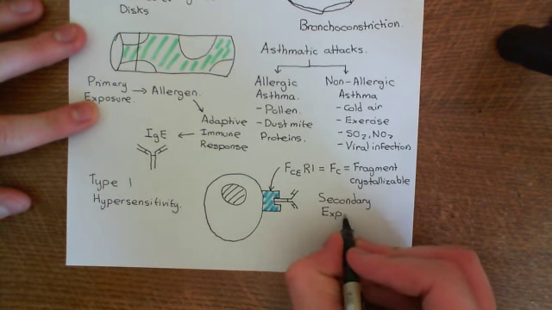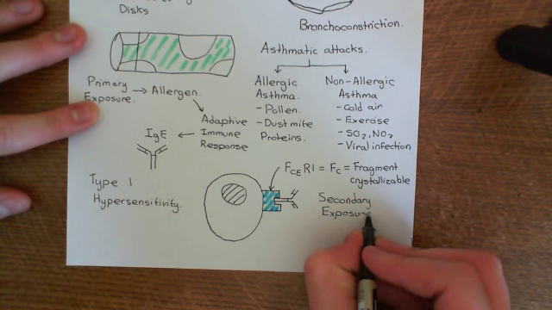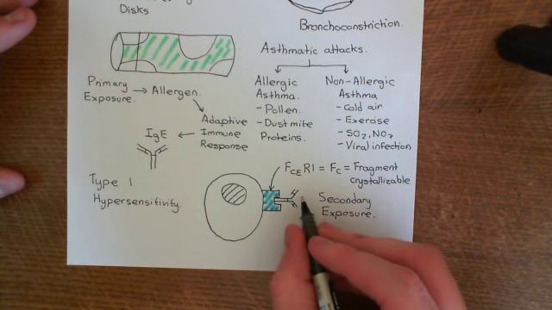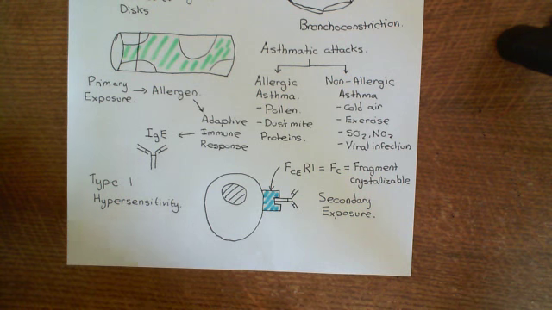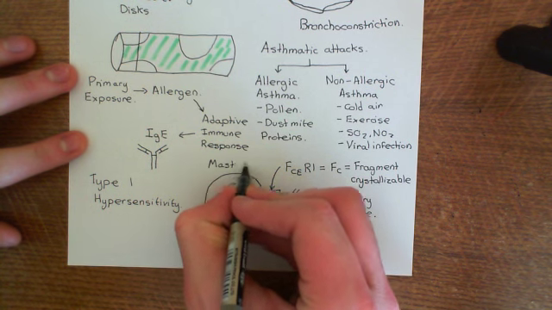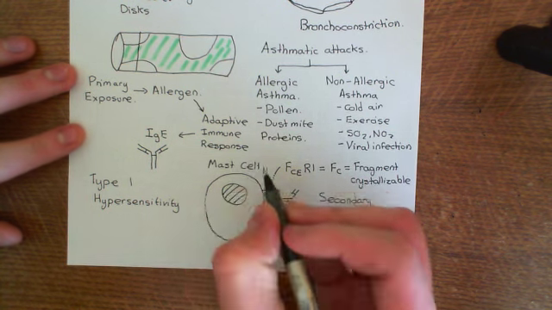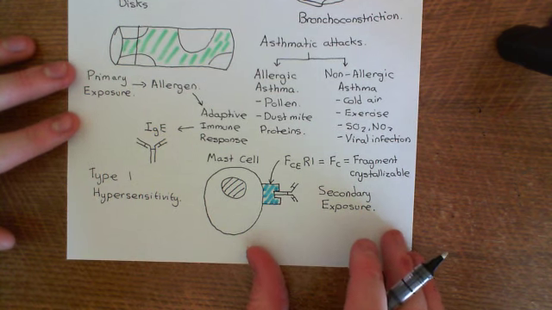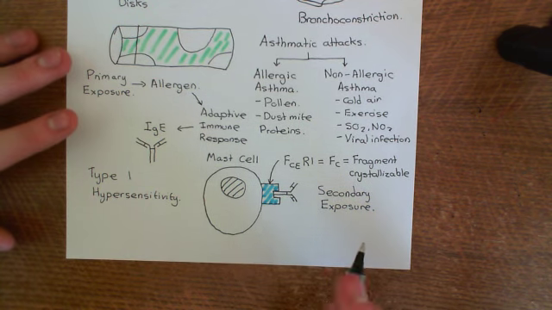Now, every time you're re-exposed to the allergen, this will be called a secondary exposure, and the allergen will go into your airways, and some of it will end up in the lamina propria of these bronchi, and this will bind to the IgE that's against this allergen that is mounted on the Fc epsilon R1s on the mast cells, and then that will activate the mast cell. Now, what do mast cells do once they have been activated? Well, they're going to release a whole bunch of pro-inflammatory cytokines.